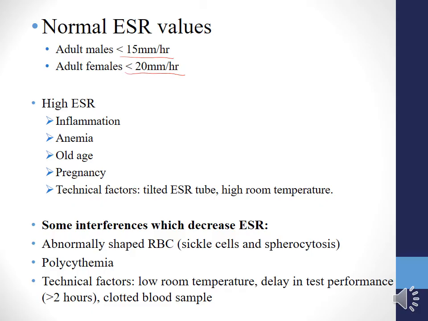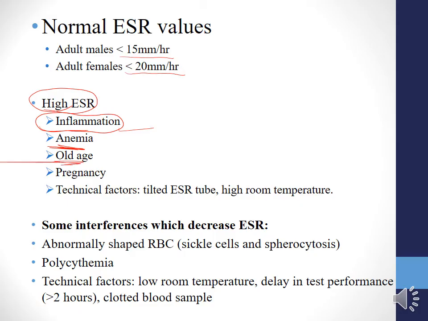So if we have a patient that has high ESR, most probably this patient has inflammation. What type of inflammation, we cannot know, but we will know that he has inflammation. Now, there are other conditions that might lead to a high ESR value, although the patient does not have inflammation, like anemia. A patient who has anemia will have high ESR.